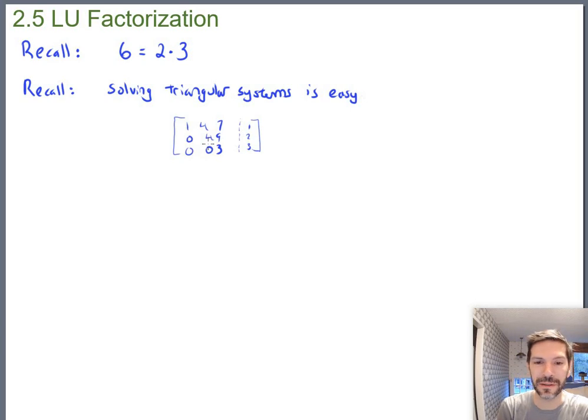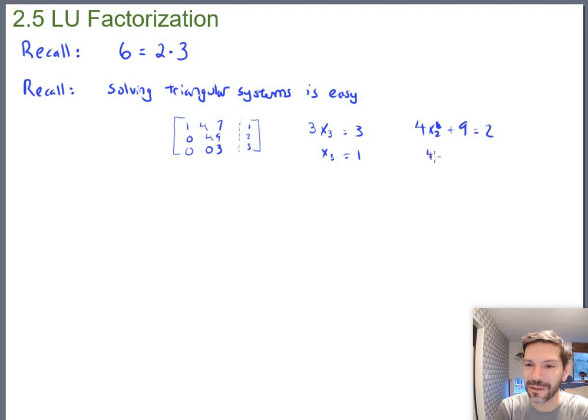Now it's pretty easy, right? Because you can essentially do back substitution. You can say this bottom row here means 3x3 equals 3, so it's very easy to get x3 as 1. And once you know that x3 is 1, you can go to the next row, which says 4x2 plus 9x3, so just plus 9, equals 2.